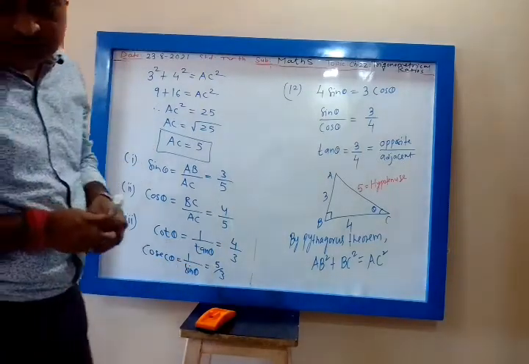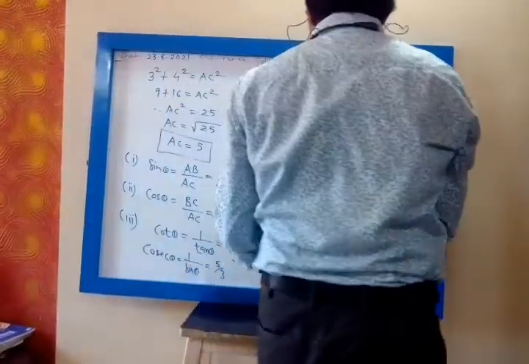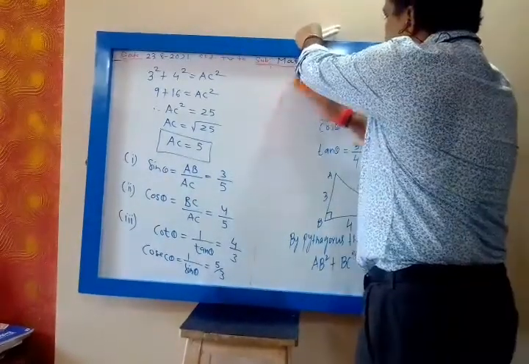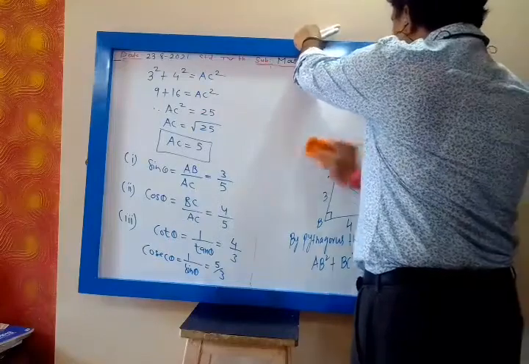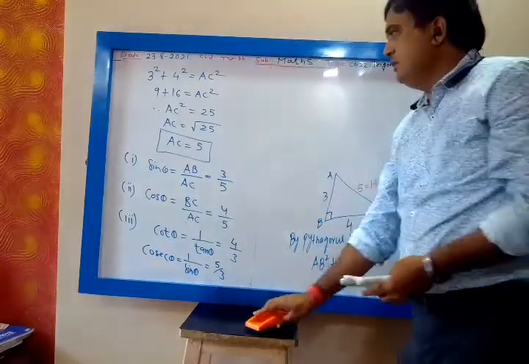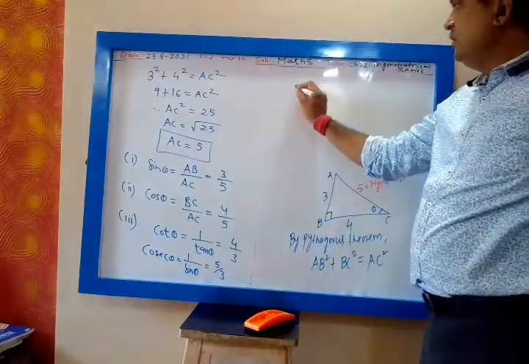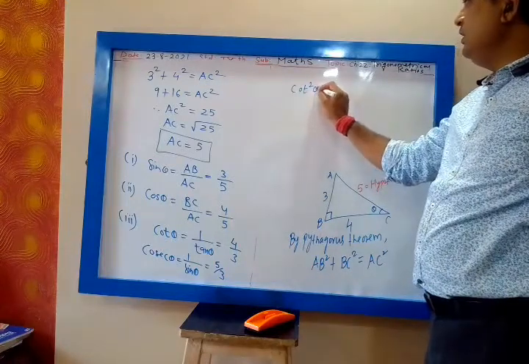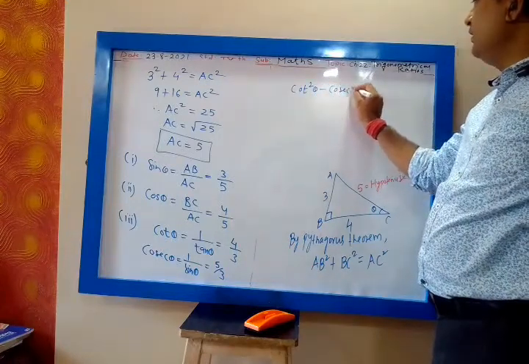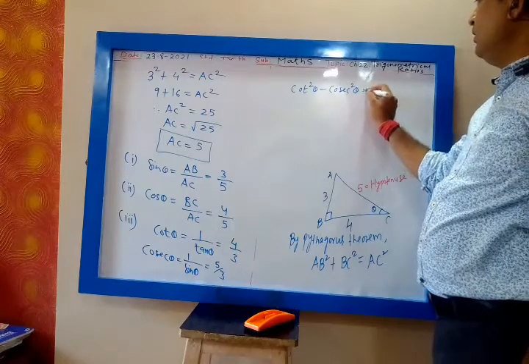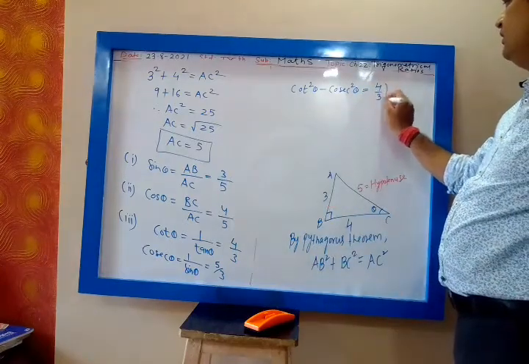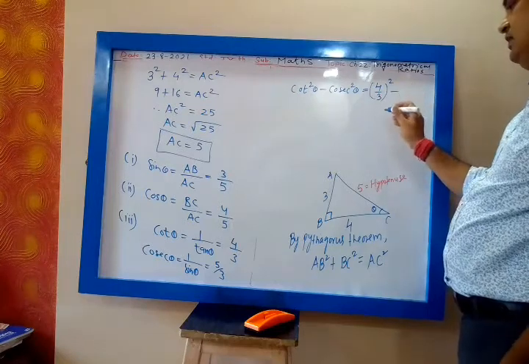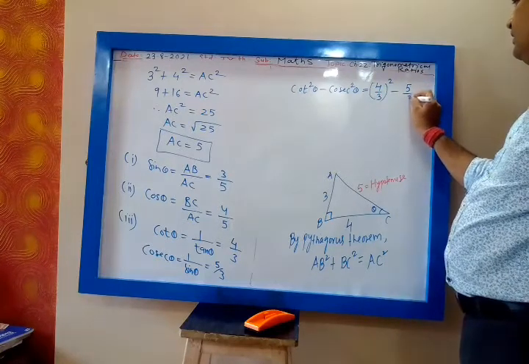Now find cot square theta minus cosec square theta. Cot square theta is 4 by 3 square minus cosec square theta 5 by 3 square.